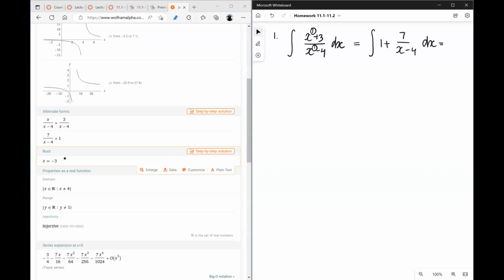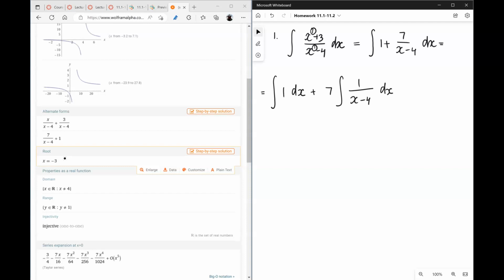Now we can use the linearity of integrals and write it like this. And now we approach both of these integrals separately.